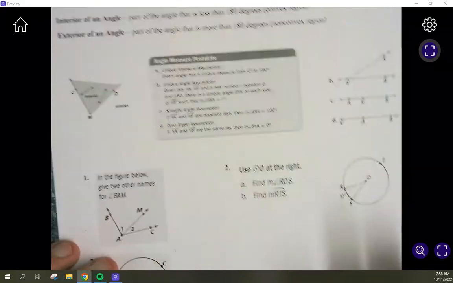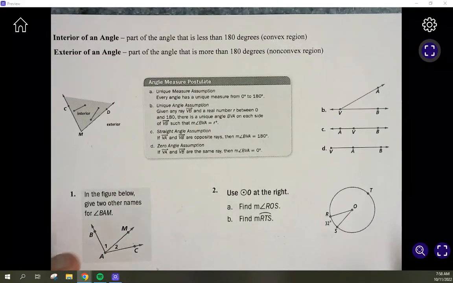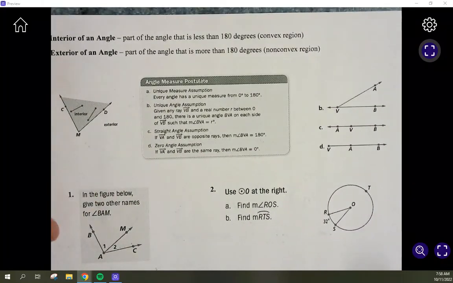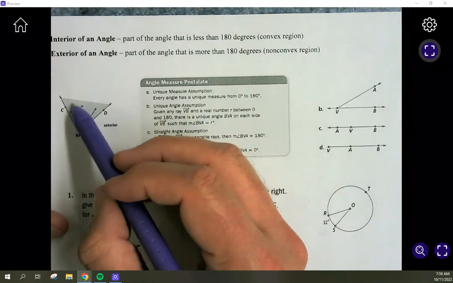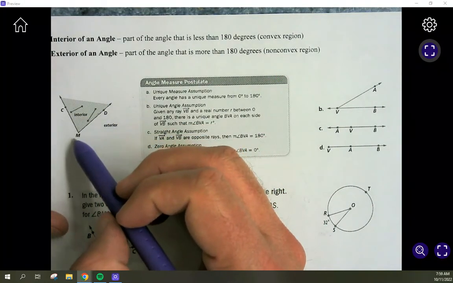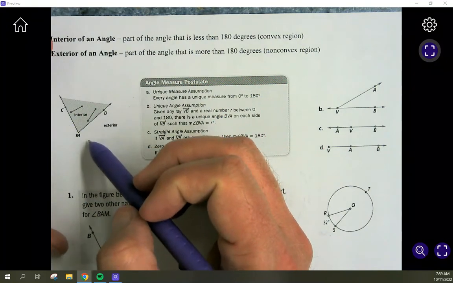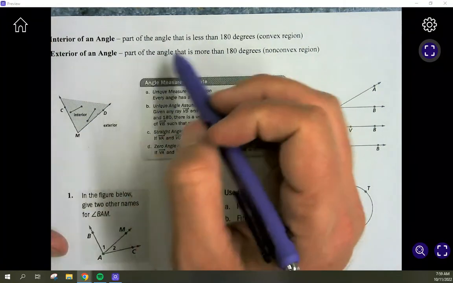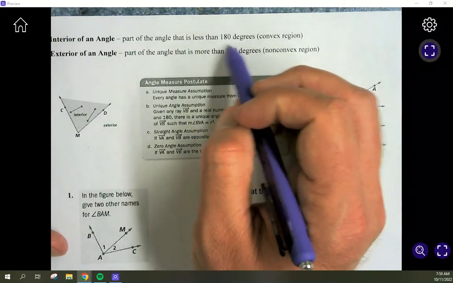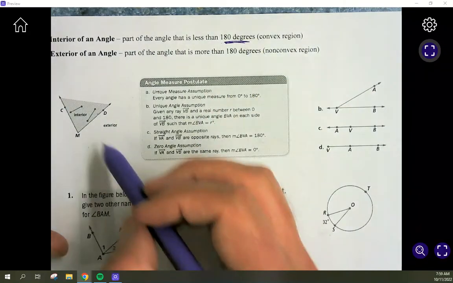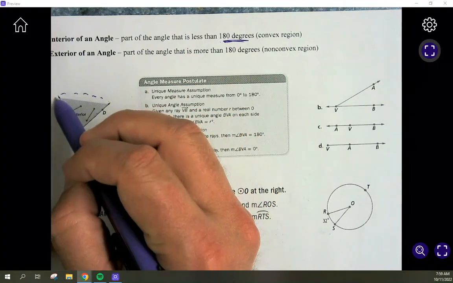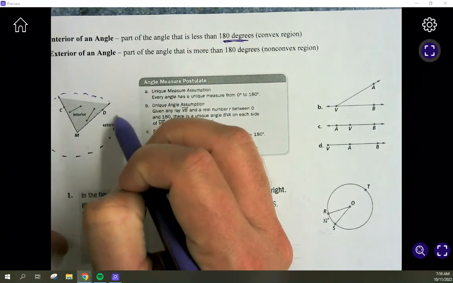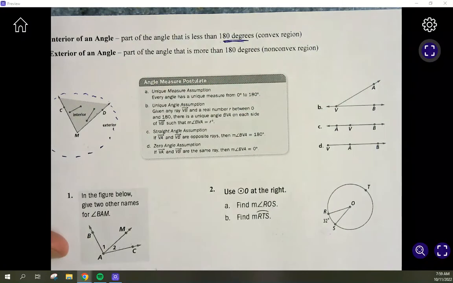All right, if you flip it over, some more key points about angles. Angles form two regions. So we have this angle. One is called the interior and one is called the exterior. To be very specific, the interior of an angle is the part of the angle that's less than 180 degrees. So that's in here. Think about it as a circle again. Half the circle is 180 degrees.